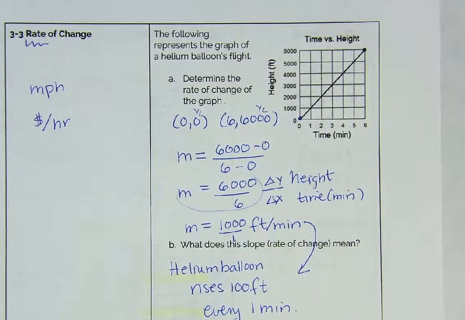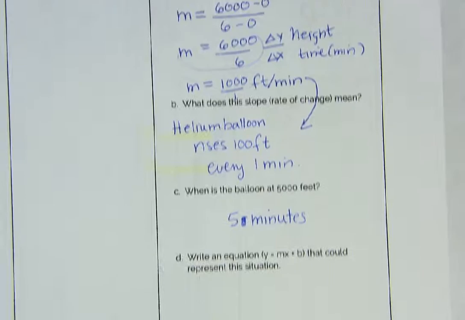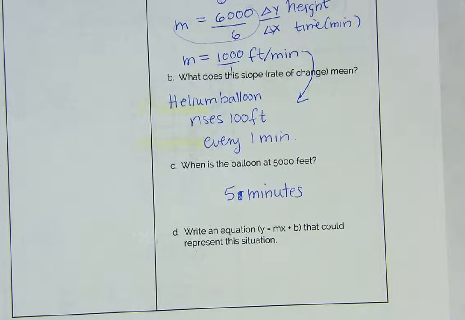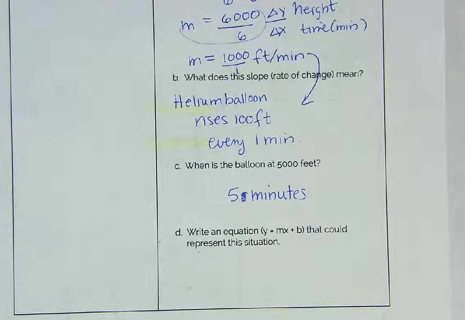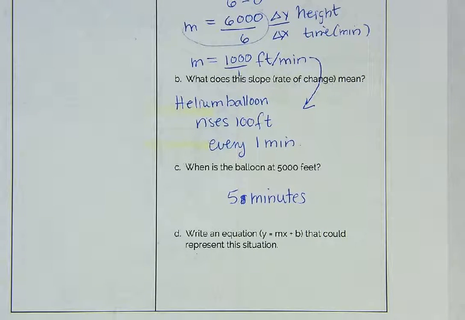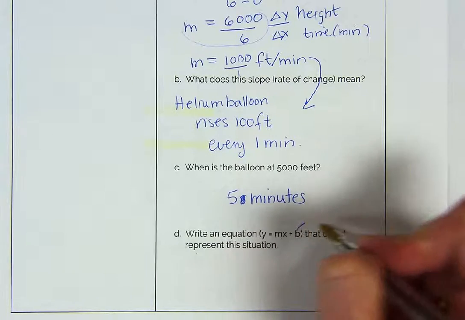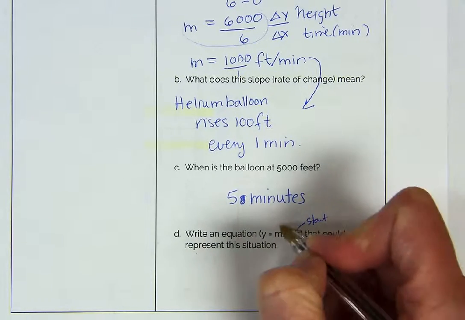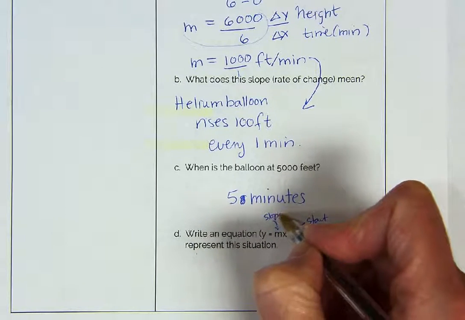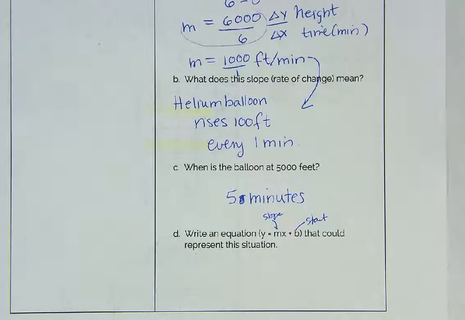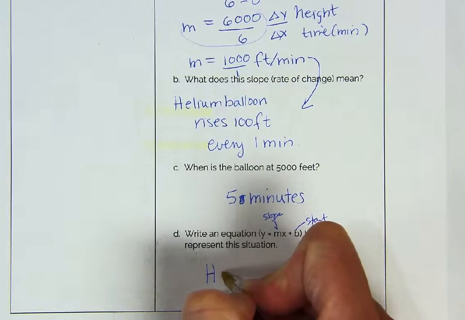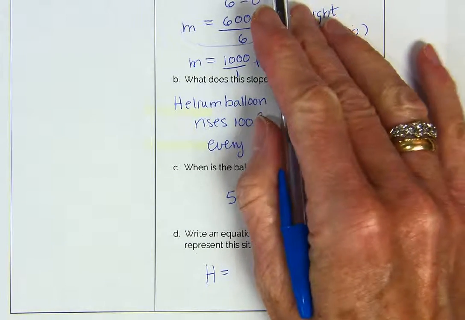And how could you write an equation in slope-intercept form? Oops, sorry, you guys couldn't see that, huh? I'm struggling. Write an equation in y equals mx plus b form that could represent this situation. Well, remember the b stands for the starting point, and the m stands for the slope or rate of change. So I'm going to use the letter h, right? That's what's on my output, that's my y-axis.